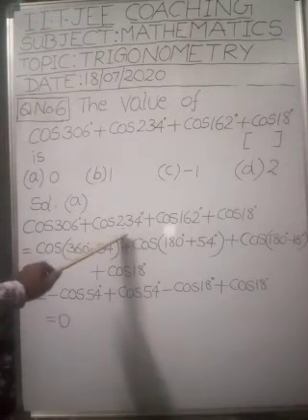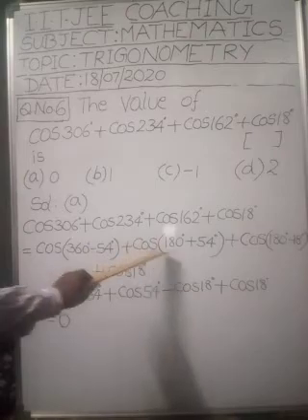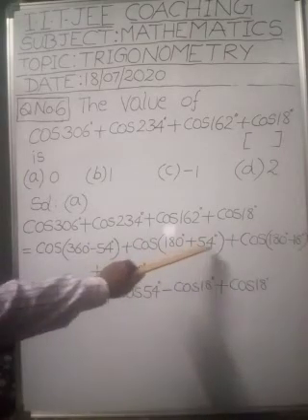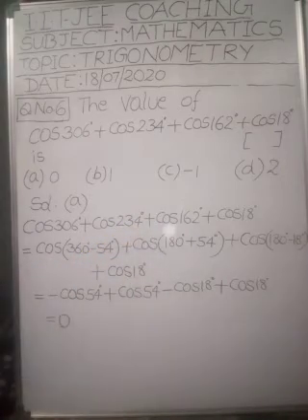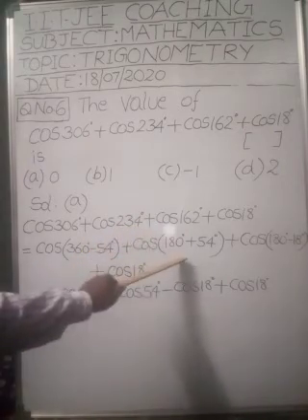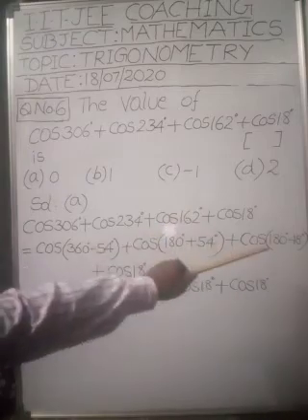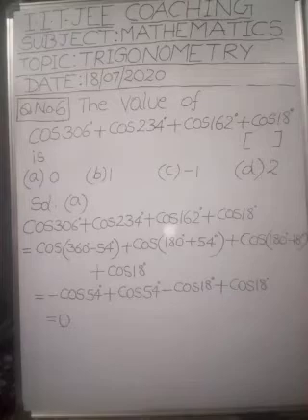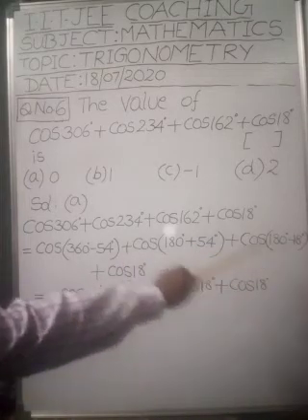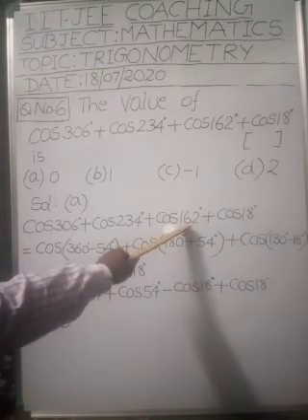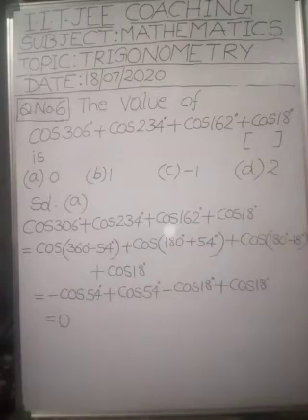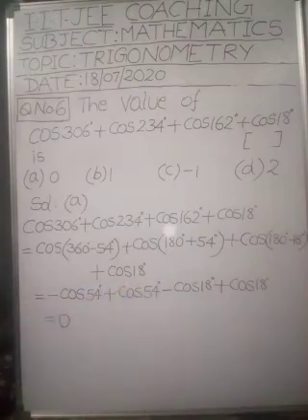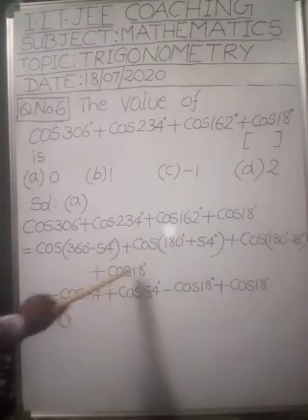Similarly, I am writing the second term as cos of 180 degrees plus 54 degrees. 180 plus 54, what will you get? 234 degrees. And the third term as cos of 180 degrees minus 18 degrees. 180 minus 18, what do you get here? 162. Plus I am writing the fourth term as it is, cos 18 degrees. Understood this step, my dear children?